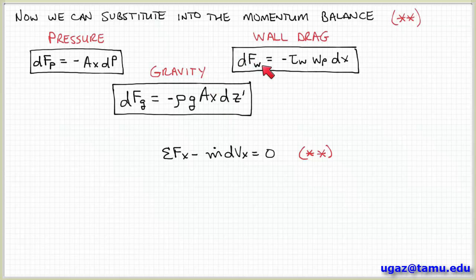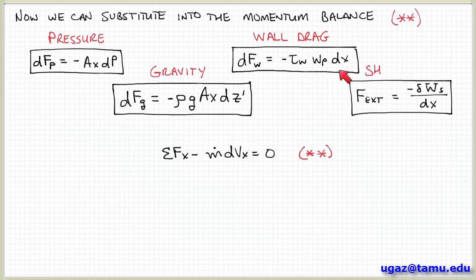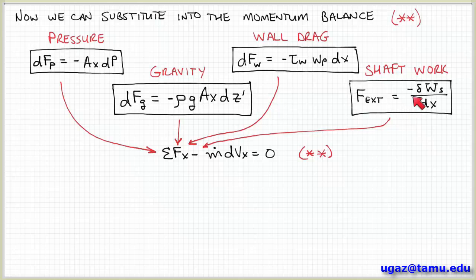The net force due to wall drag is minus the wall shear stress times the wetted perimeter times dx. And any contributions due to shaft work within this system. So that force is equal to minus delta W times dx, right? The work divided by the displacement associated with the way we define the control volume.